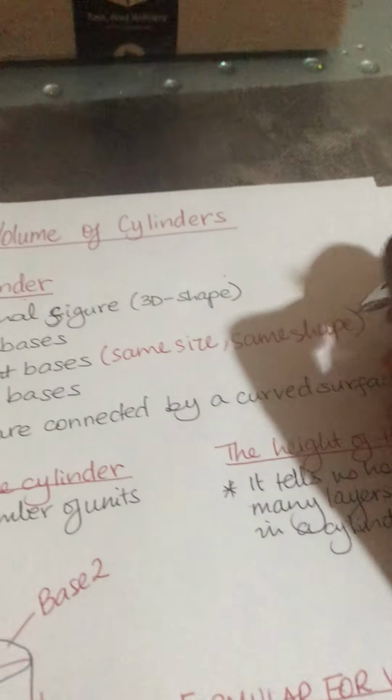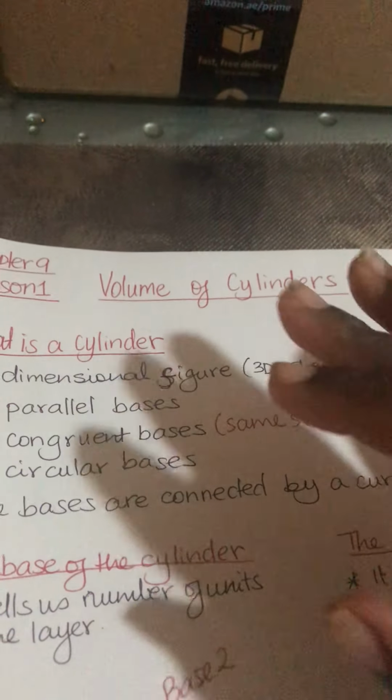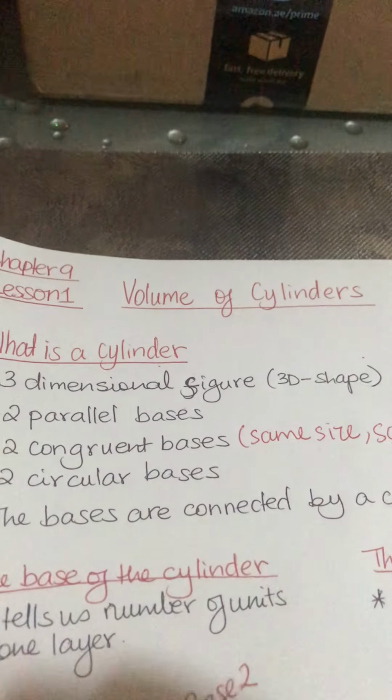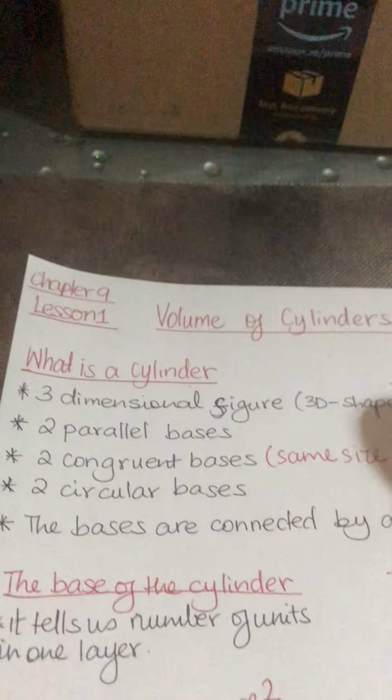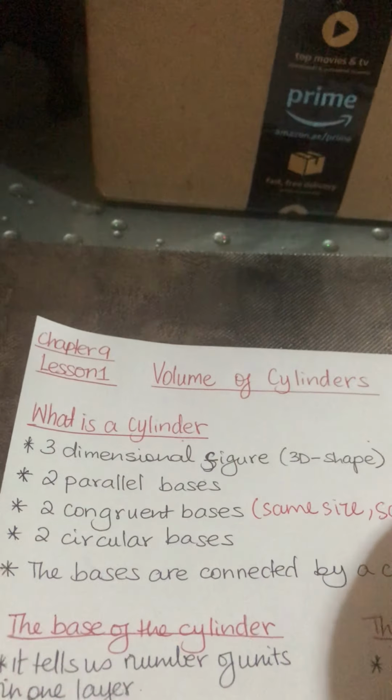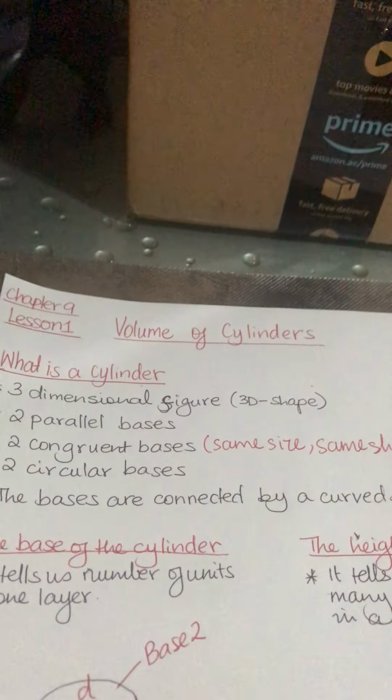That's what congruent means. You can't have a triangle on top and a circle at the bottom. The shapes must be the same, and the sizes must be the same. In a cylinder, you have two circular bases.